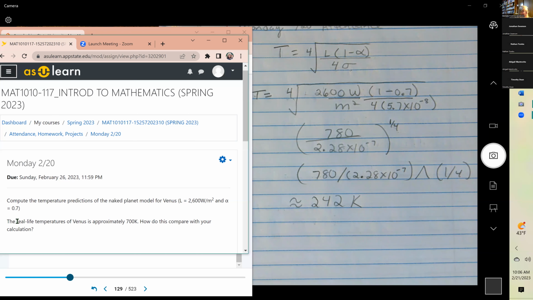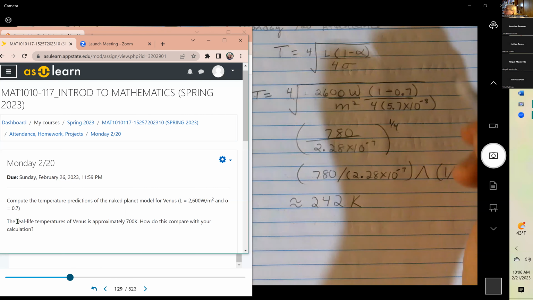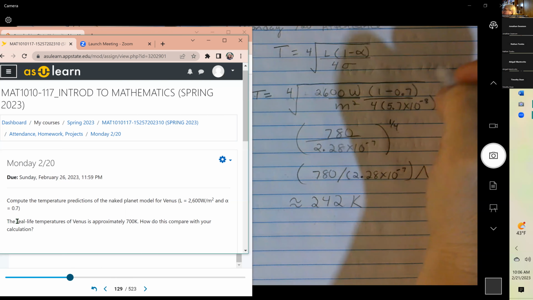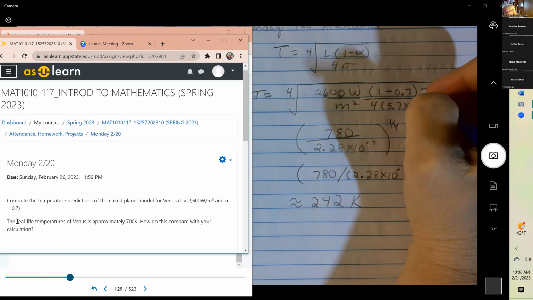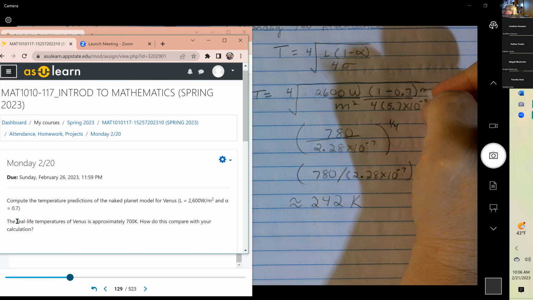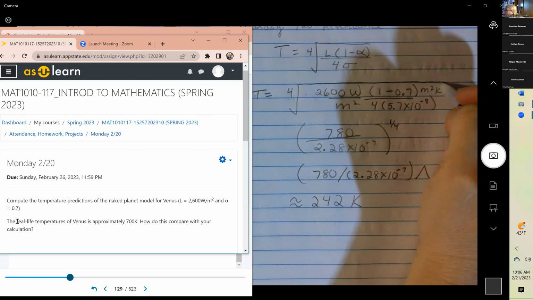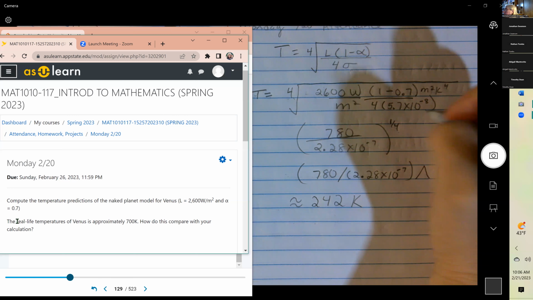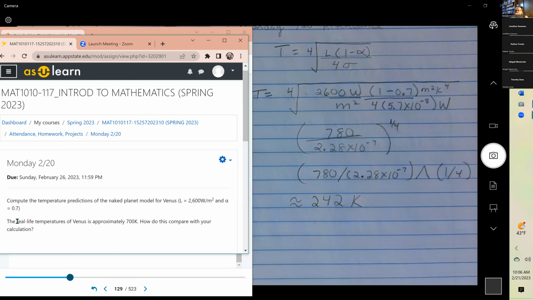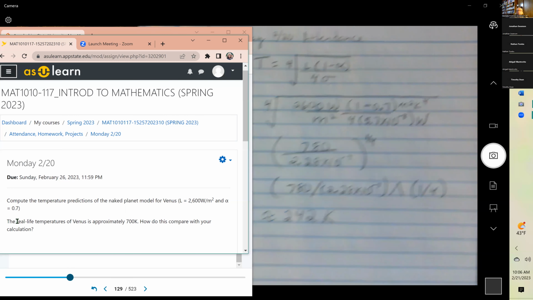This one here, the 0.7 is meters squared Kelvin to the fourth. And this one is watts. Sorry, I didn't write it all.